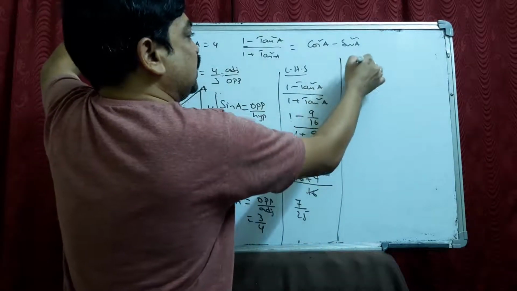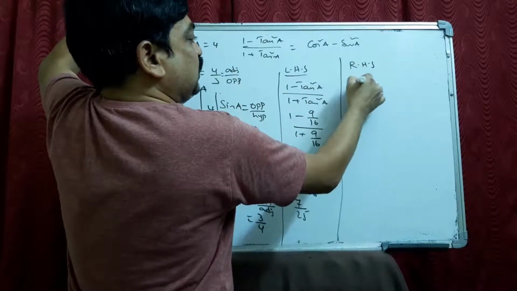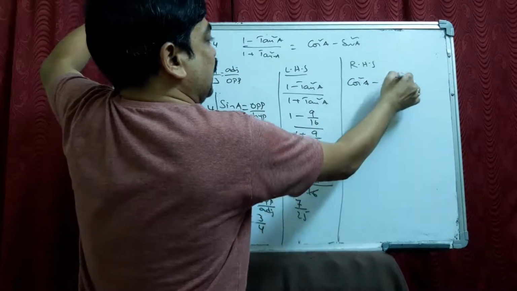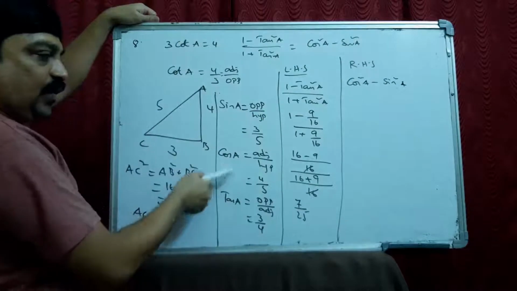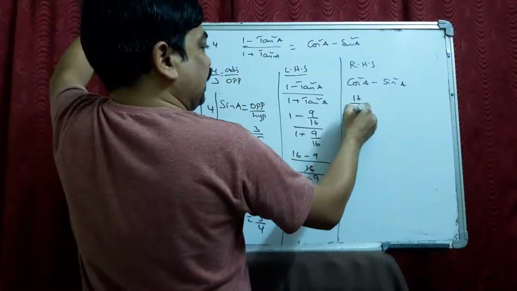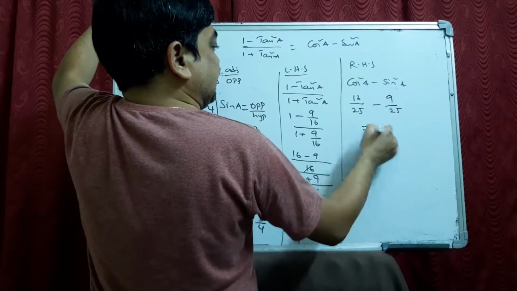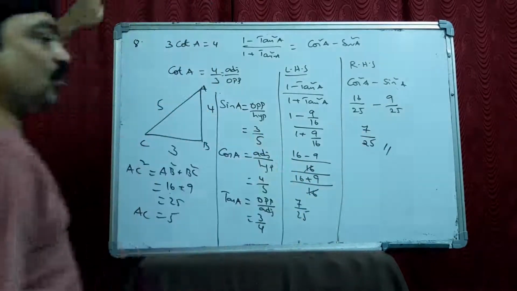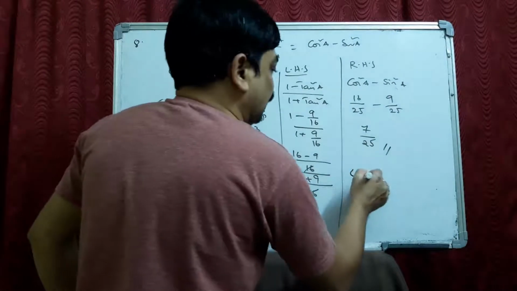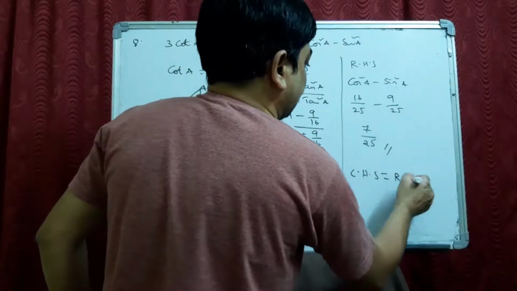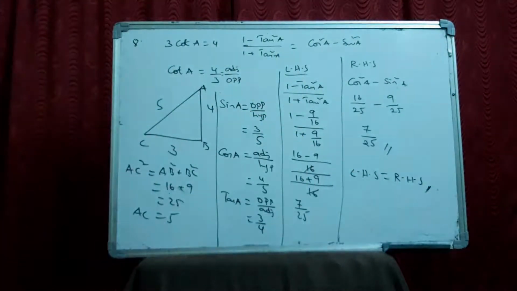Now RHS. Cos square A minus sin square A. So cos square A is just the square of cos, 16 by 25, minus sin square A, 9 by 25. 7 by 25. So therefore what you can conclude? You can conclude that LHS is equal to RHS. Okay.